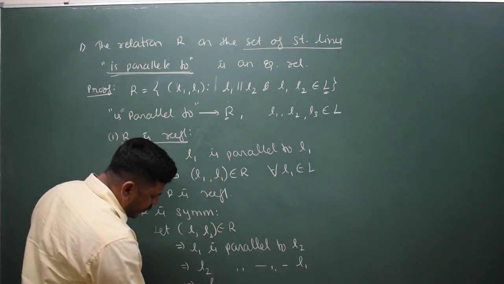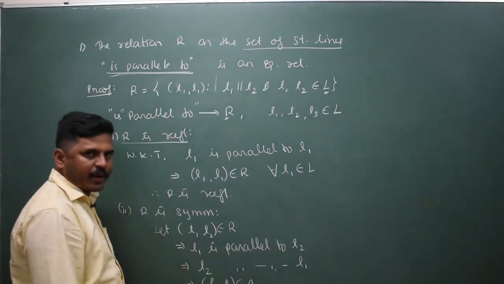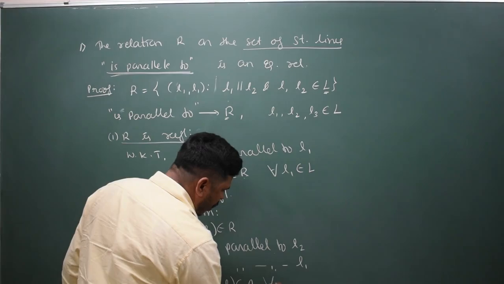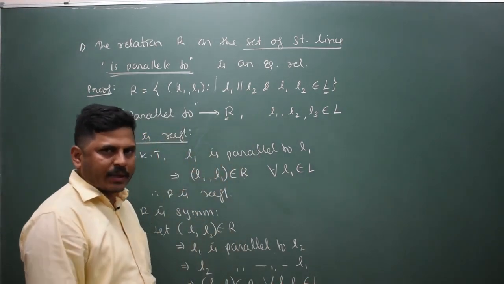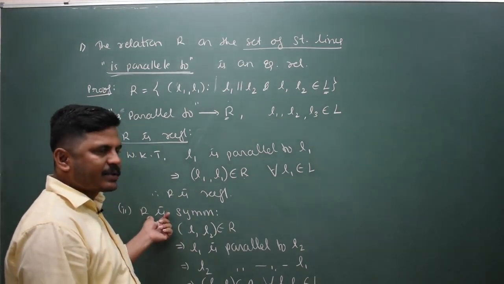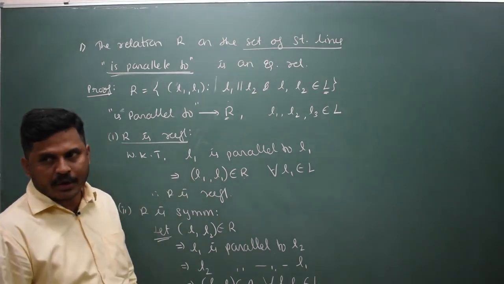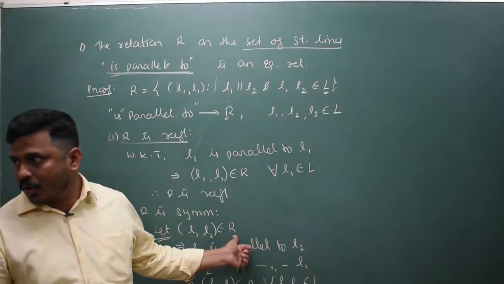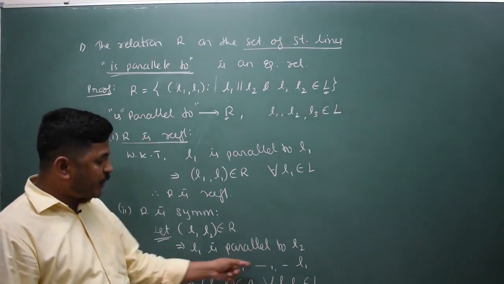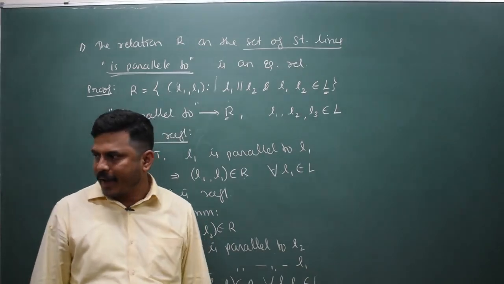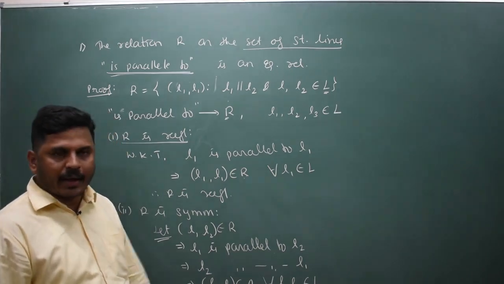Is it true for all L1, L2 belonging to L? If yes, then R is symmetric. So what should we take? L1 is parallel to L2, which implies L2 is parallel to L1.